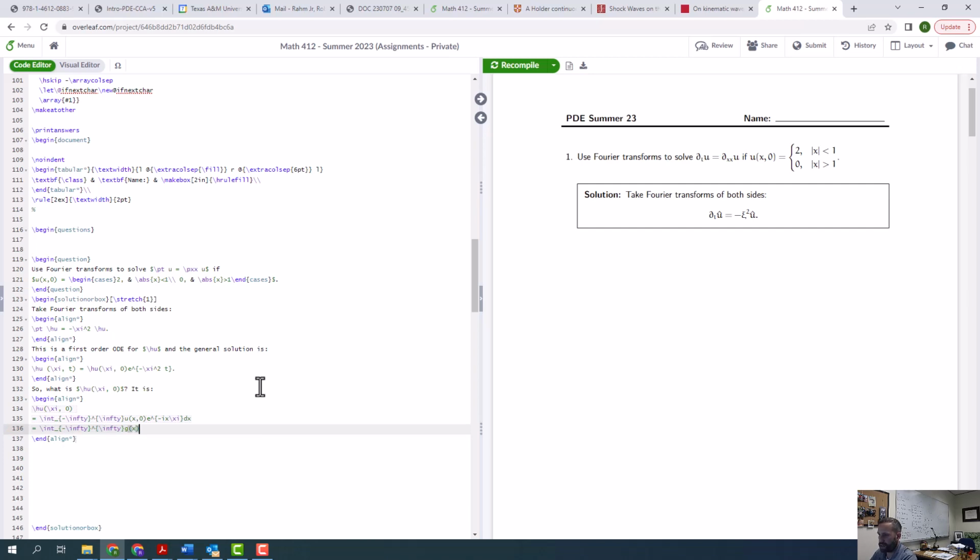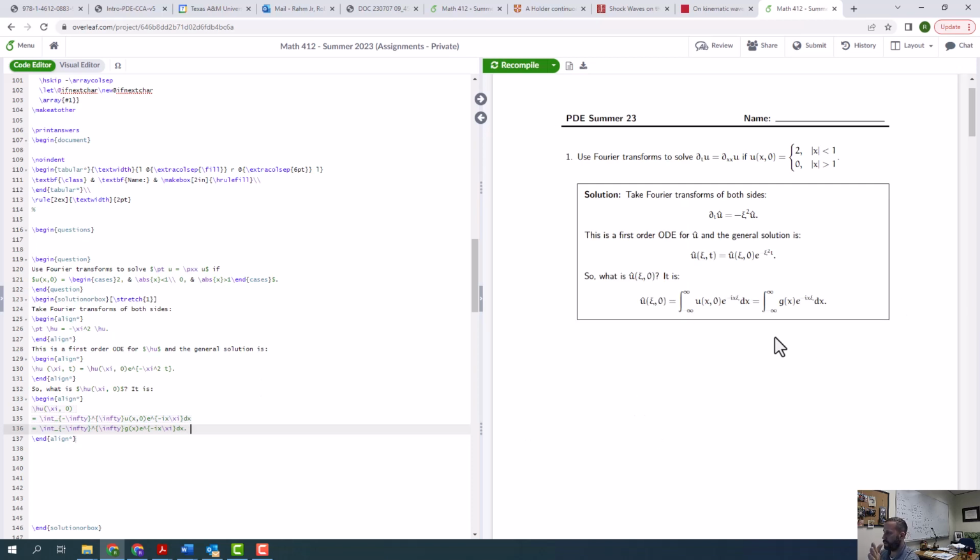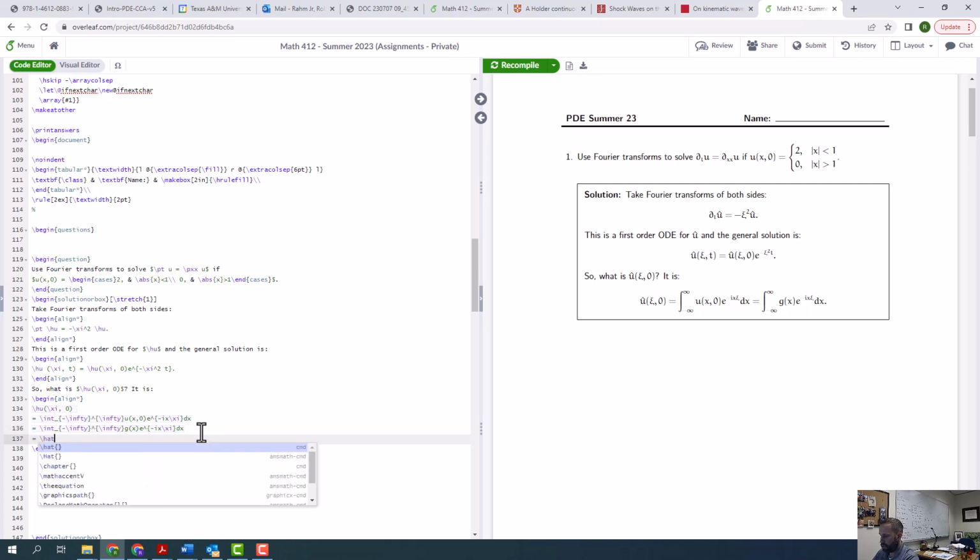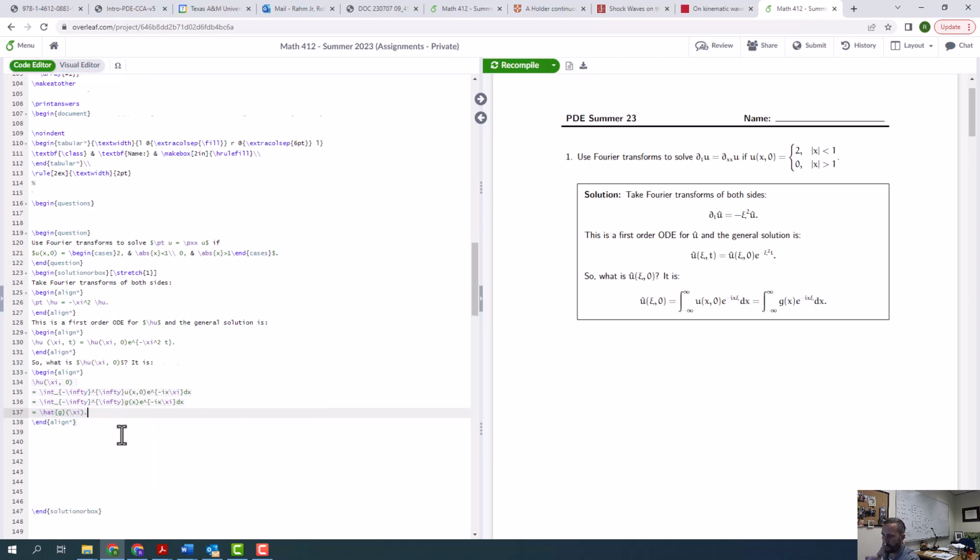So g of x e to the minus i x c dx. Let me make sure this is what I want it to be. Okay, well, this is just equal to the Fourier transform of g. Now we don't actually need to take the Fourier transform of g, and you'll see why in a moment.